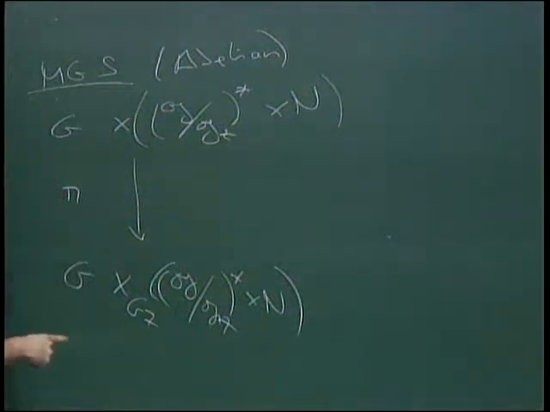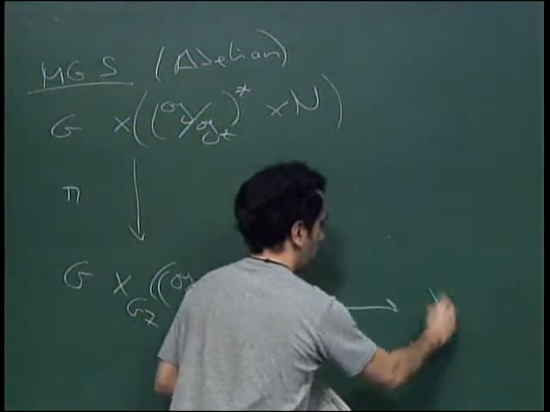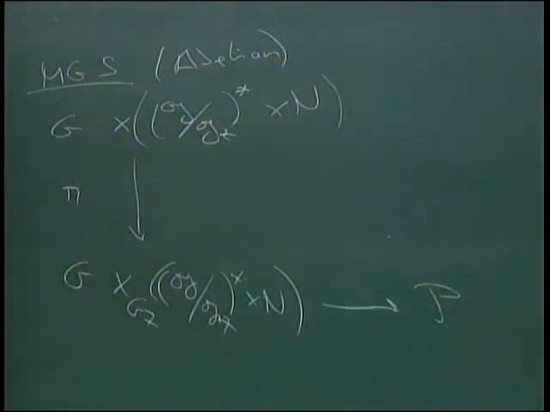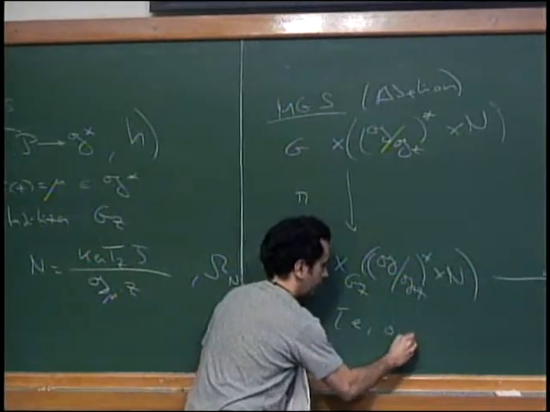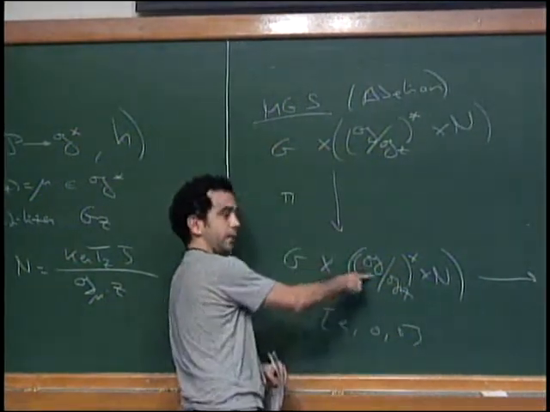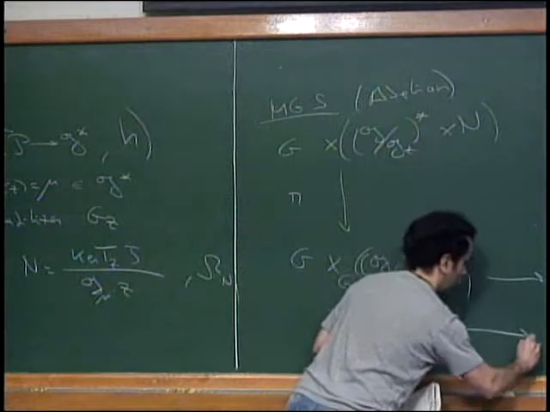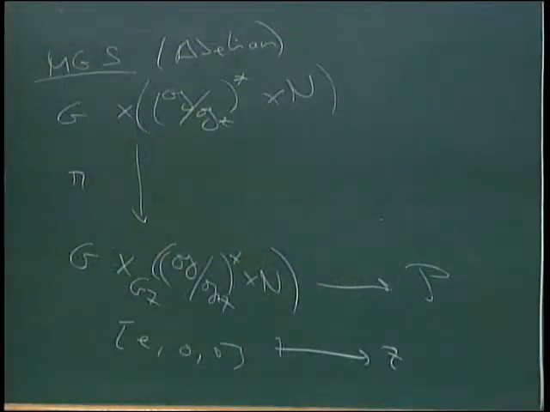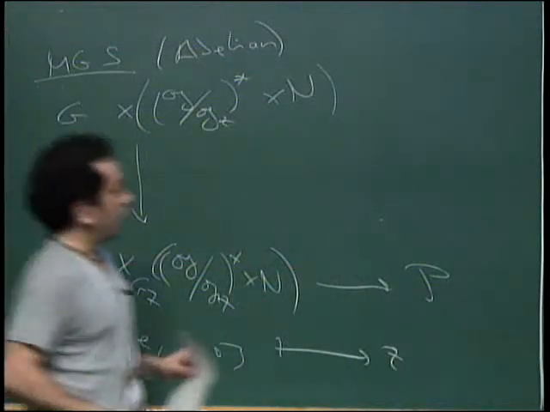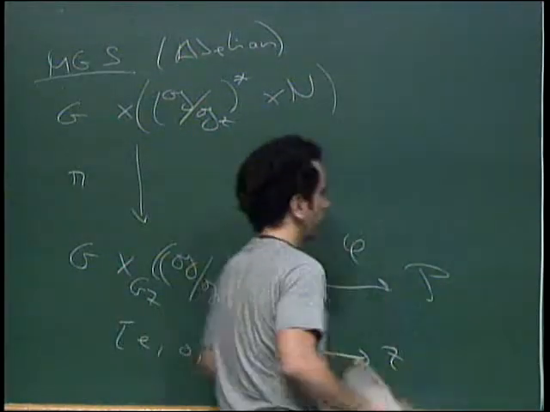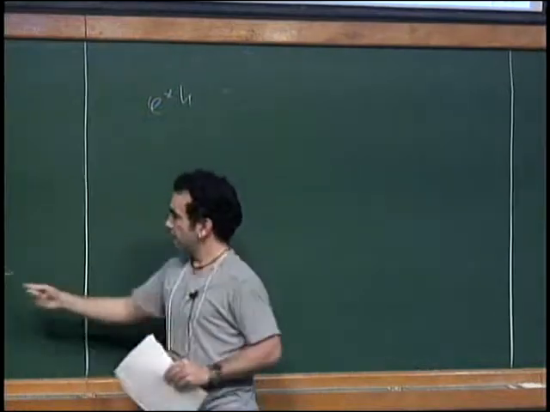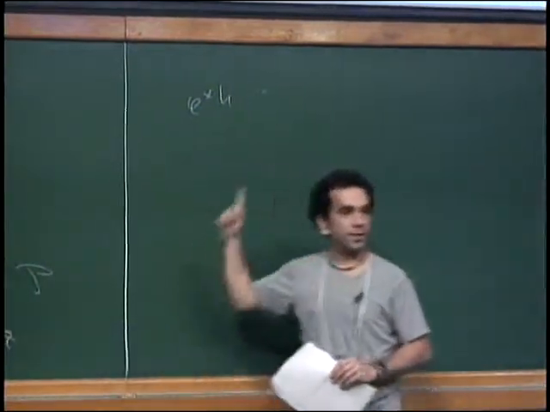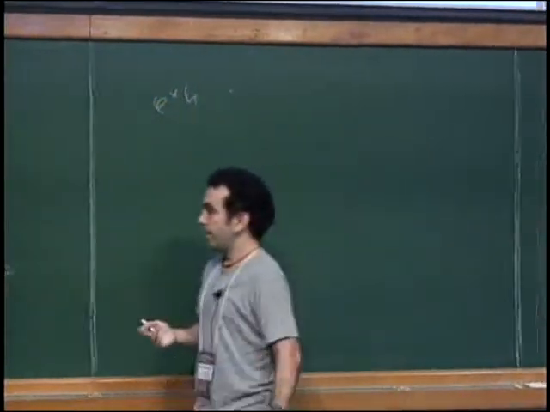And this thing is a local model for your symplectic manifold or phase space around your point Z, in the sense that this particular point, the class of E00, is mapped to Z. Now, I will call this phi. We can do the following. We can take the Hamiltonian function, which lives on P, and pull it back by this phi, and what we are going to get is a function here.